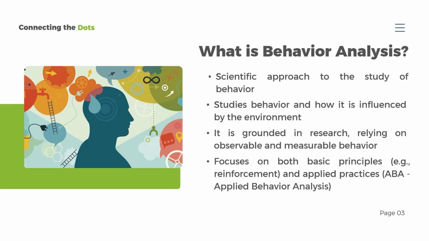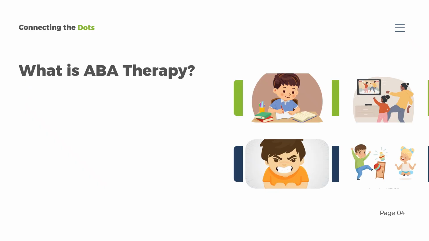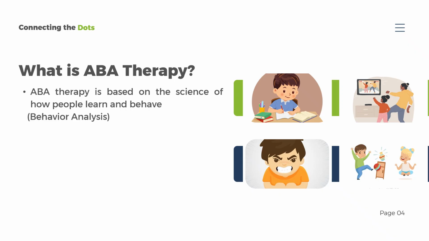Behavior analysis is split into two main areas: basic research, which discovers principles, and applied behavior analysis, or ABA, which uses those principles to solve real-world problems. But what is ABA therapy specifically? ABA therapy uses what we know about how people learn and behave and applies it to others.